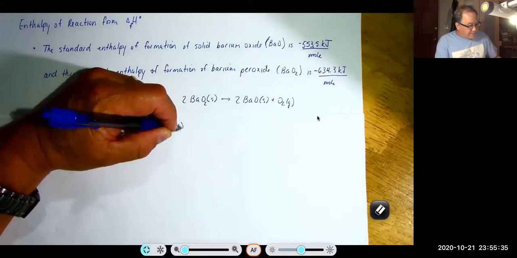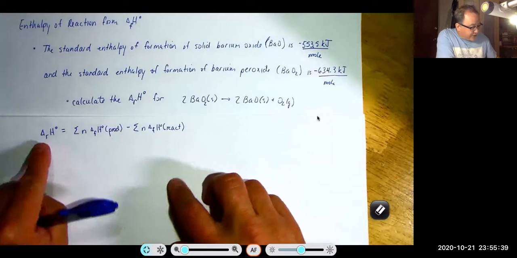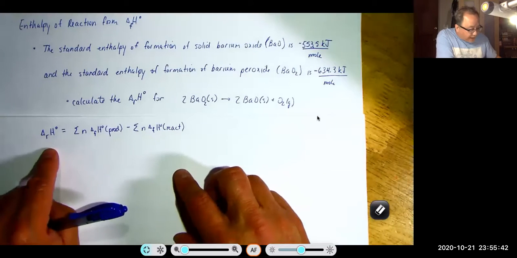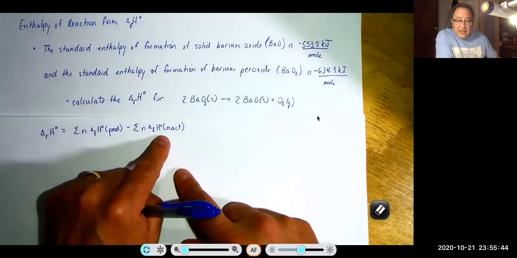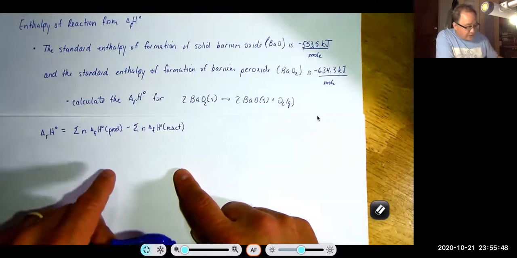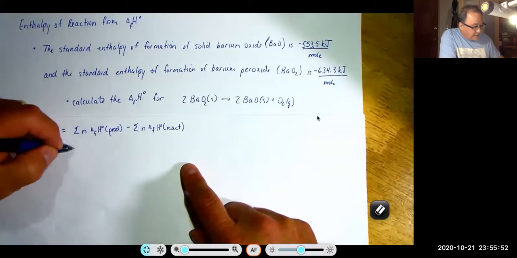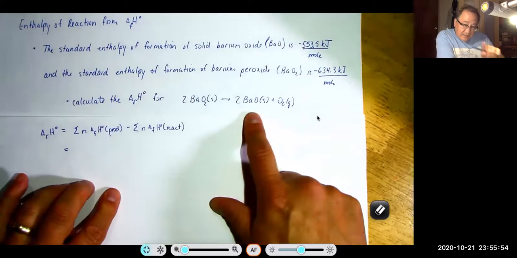And one of the ways to remember that it's products and reactants is this is like a change type of thing, and change is always final minus initial. And in a reaction, the final are the products, the initial are the reactants. So more specifically, this is going to be looking at the products. I'm not going to make that mistake again.